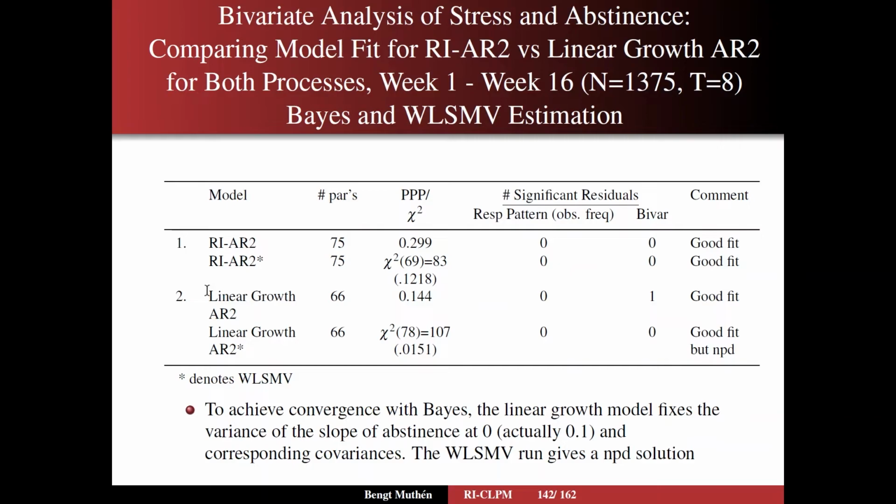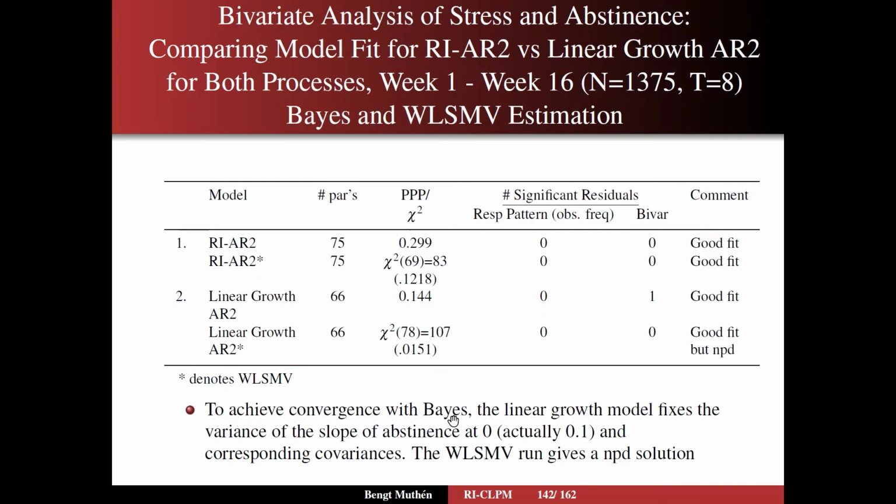Adding linear growth, that is adding a random slope, we find a decent PPP and a good residual fit. And WLSMV agrees that it's a decent fit, but it arrives at a non-positive definite solution. Again, it's not a negative random intercept variance and negative slope variance, but another non-positive definite reason. And also for Bayes, we have an issue.